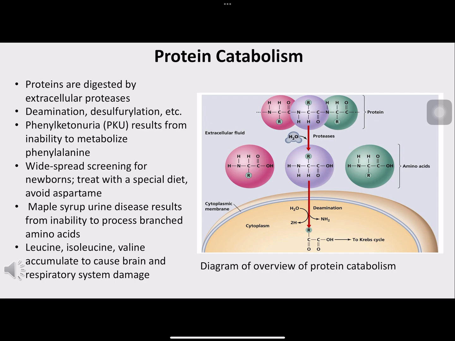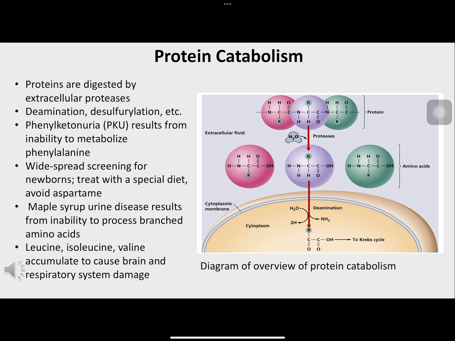Now, there are many genetic disorders that result in the inability to metabolize certain amino acids. One that's common enough that we do widespread screening of newborns is called phenylketonuria, PKU. And people who have PKU cannot metabolize phenylalanine.